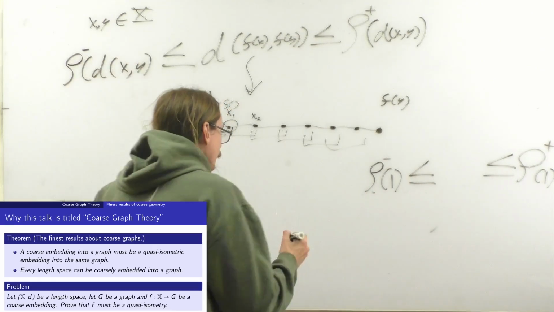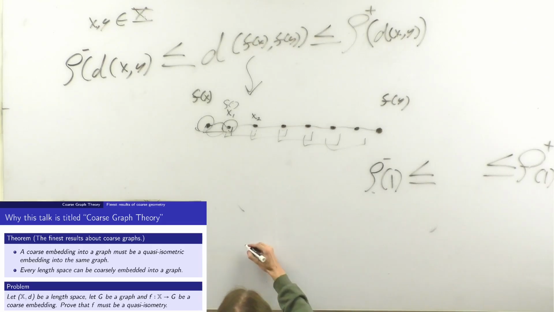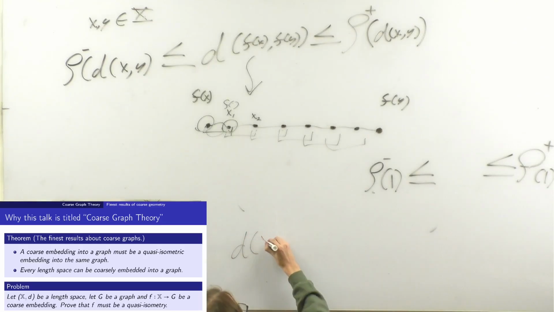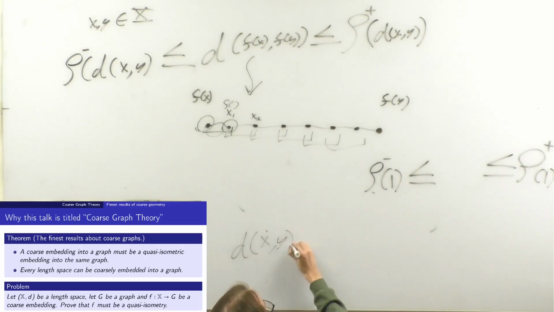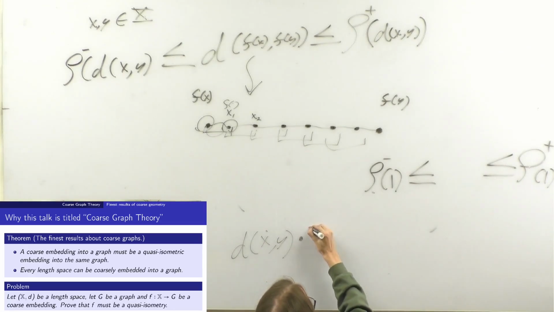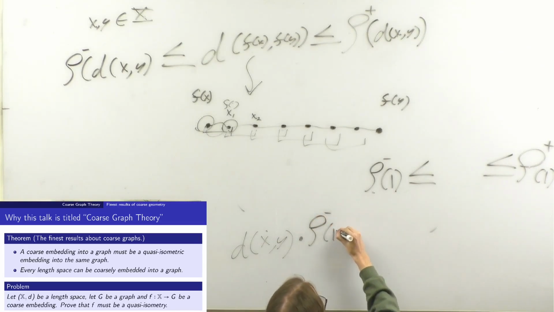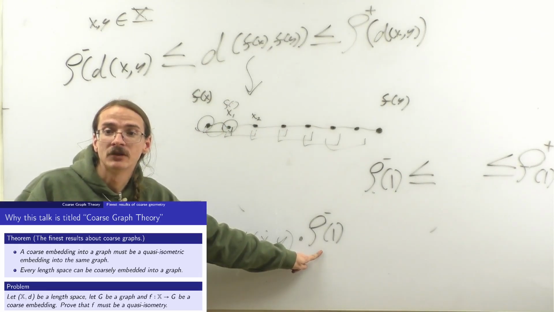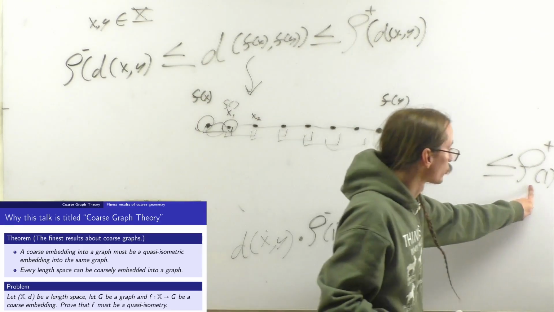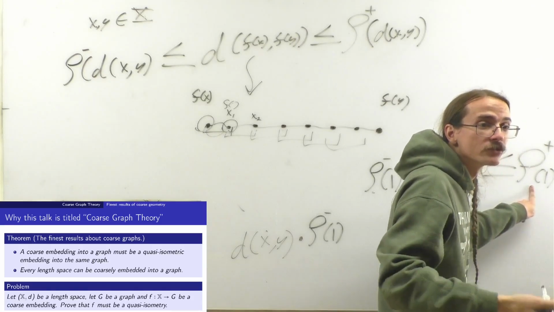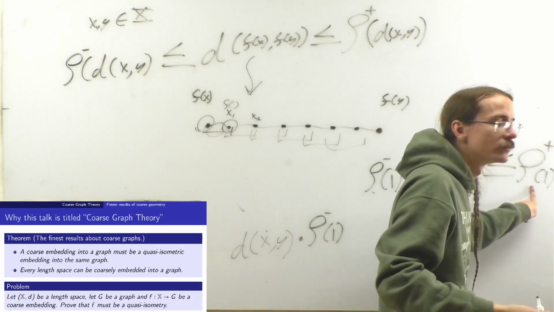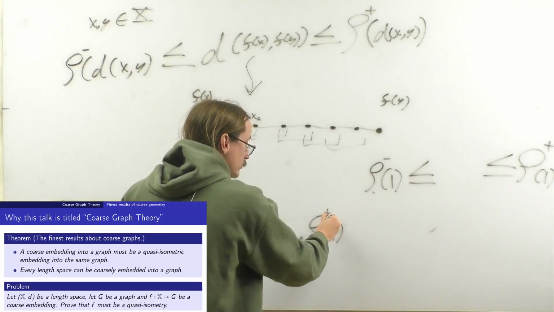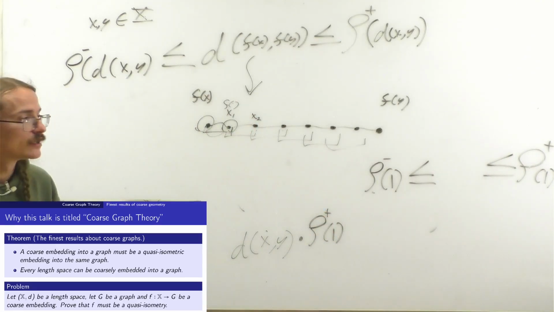What does that tell me that my distances are going to be bounded by? dxy times rho minus of 1, if I hop the minimum amount every single time. If I were to hop the maximum amount every single time, I would just change this from a minus to a plus.